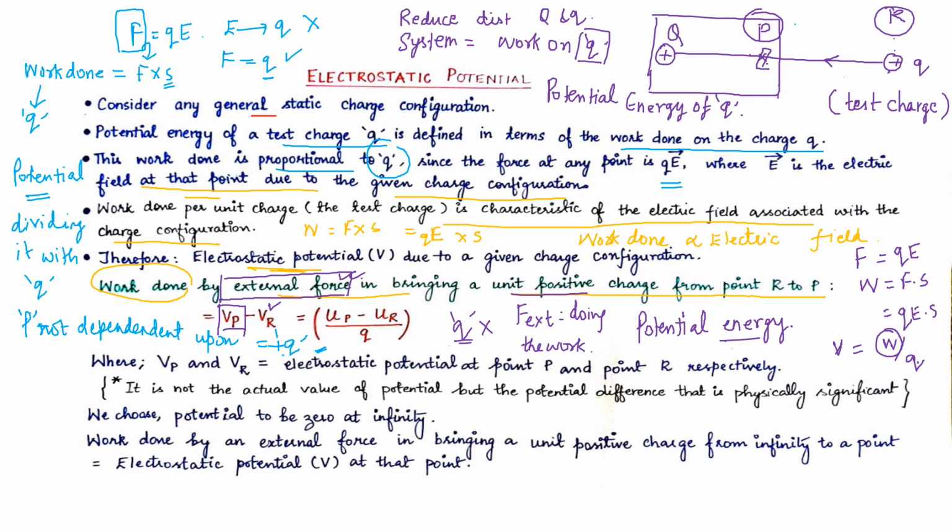In other words, we can write potential energy at P minus potential energy at R divided by Q. Come to the bottom.